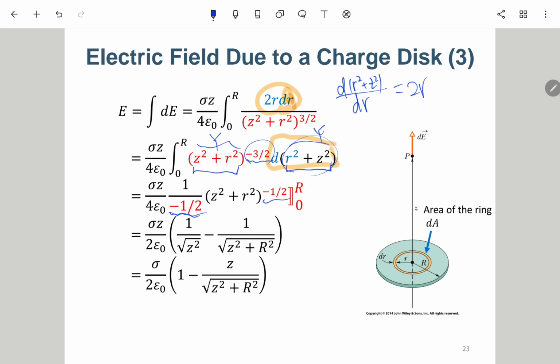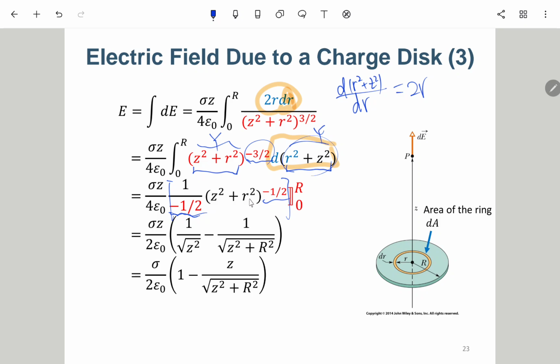In such a way, we finish this antiderivative, and then we evaluate from 0 to capital R. You put capital R into it, and then minus putting 0 into it, but here we have a negative sign, so we can put 0 in first, and then make it a positive value.